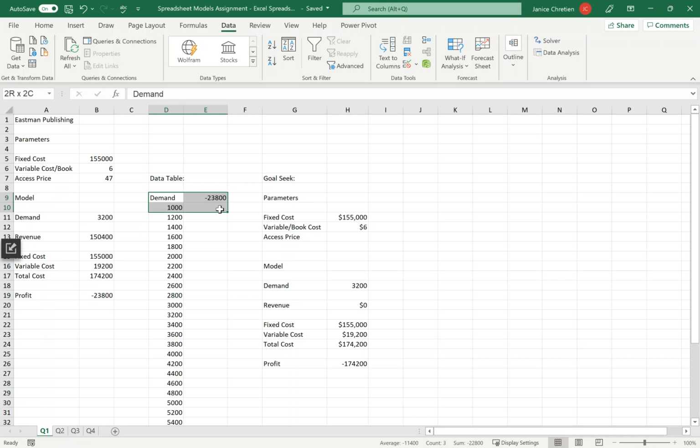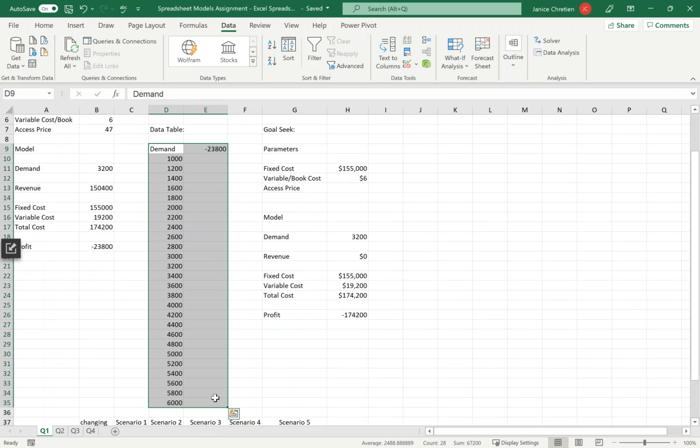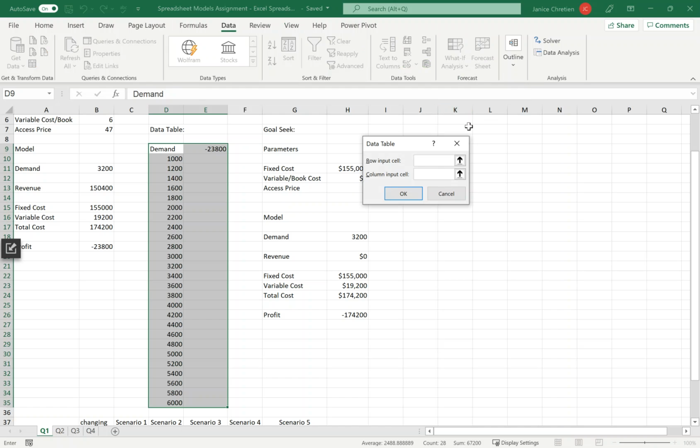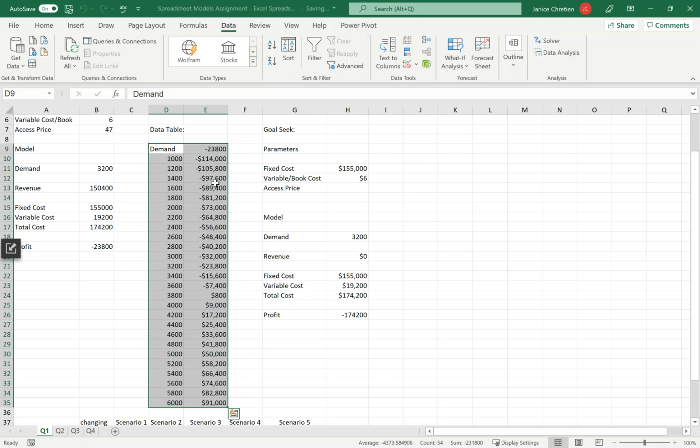You're going to grab both of these columns right here, and then go to Data, What If Analysis, Data Table. You're not going to have anything in row input cell, and in column input cell, you're going to have demand. Tell it okay, it's going to populate.